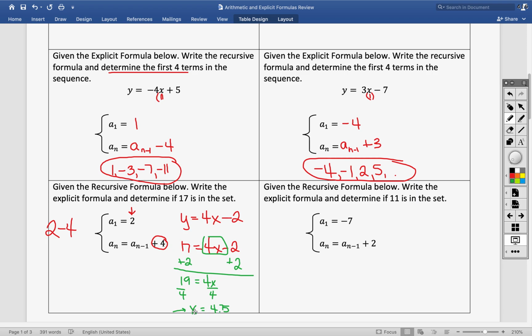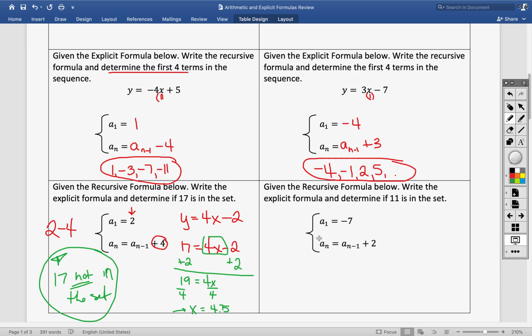Well, that means this number is not in the set. 17 is not in the set because x is not a whole number.